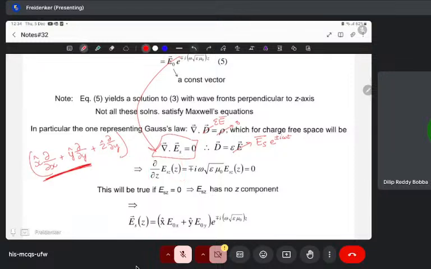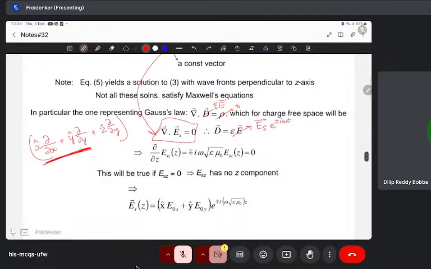Okay, fine. There is Es here, there is Es z here. I can write my vector Es as x cap Esx plus y cap Esy plus z cap Esz. I'm just splitting my vector into multiple components.